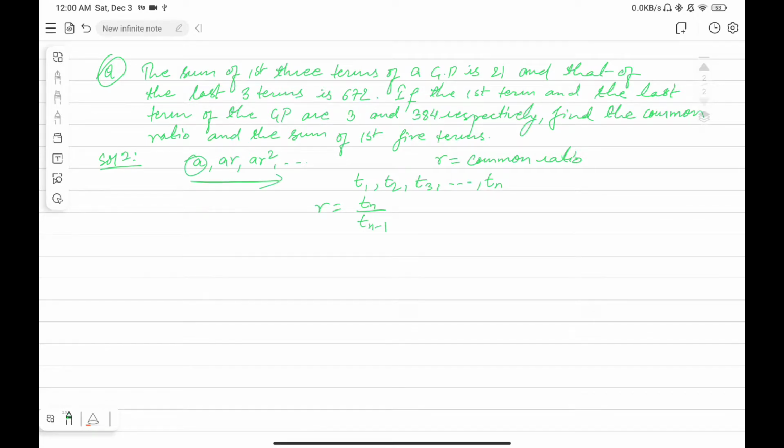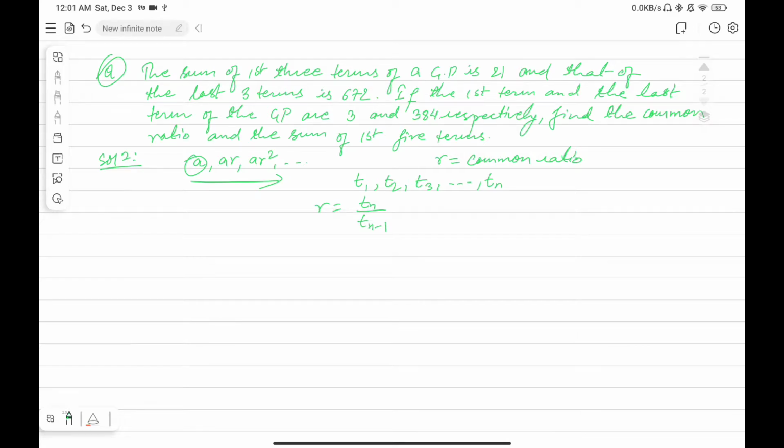This is the progression in case of a GP, but sometimes we may know the last term. That means if the sequence is a finite one, not an infinite one, then it will end somewhere. If you know the value of that ending term, then each preceding term we have to divide by the common ratio.